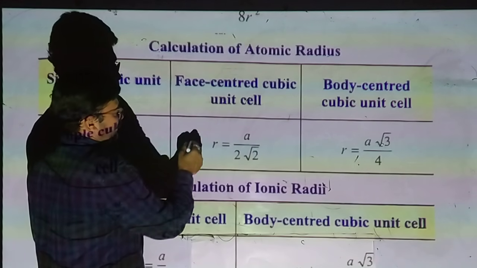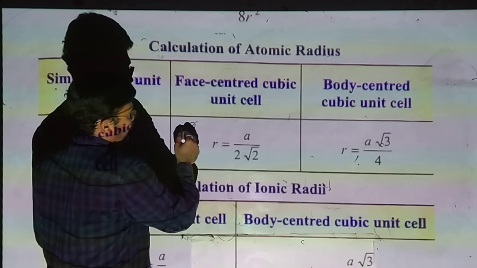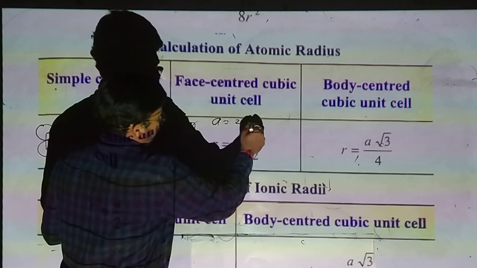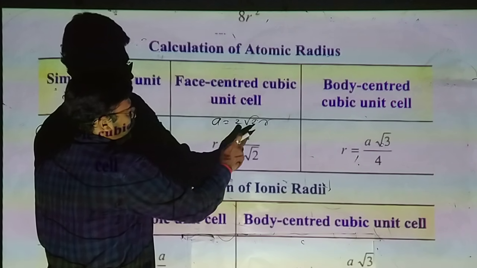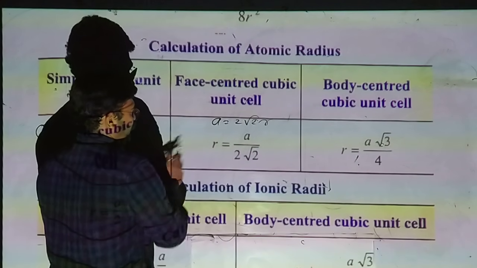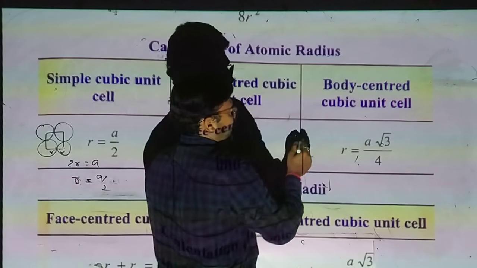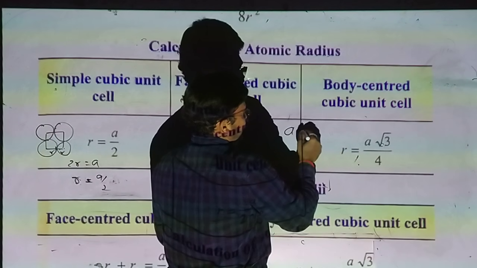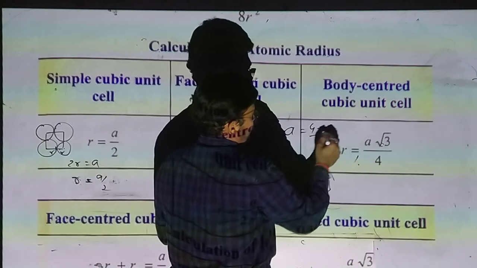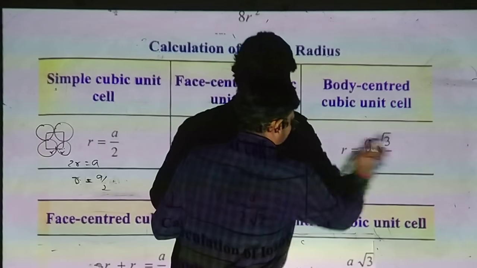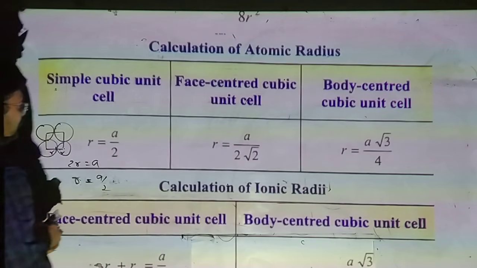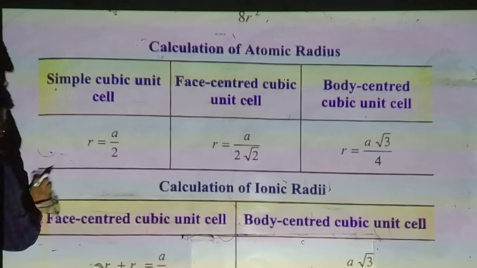In FCC, we discussed a is equal to 2 root 2 R, so R is equal to a upon 2 root 2. Like this in BCC, a is equal to 4R upon root 3, so R is equal to a root 3 by 4. But these are only for metallic structures.